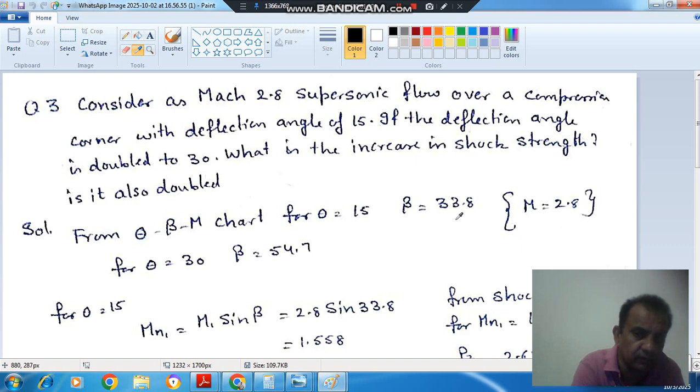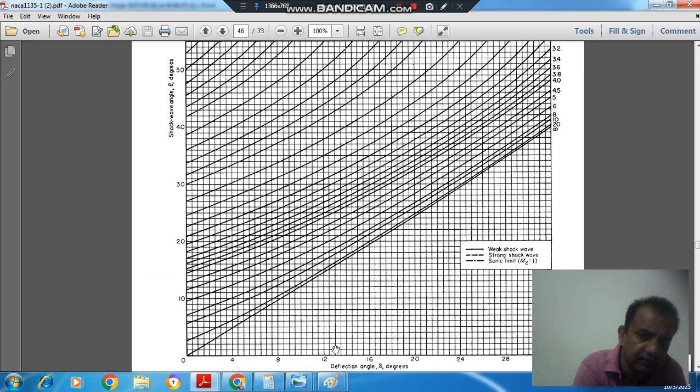So taking it approximately as 33.8, and if we see 30 degree and Mach 2.8, then we'll find out beta. So this is your 30 degree, and this is 3.2, this is 3 and this is 2.8.